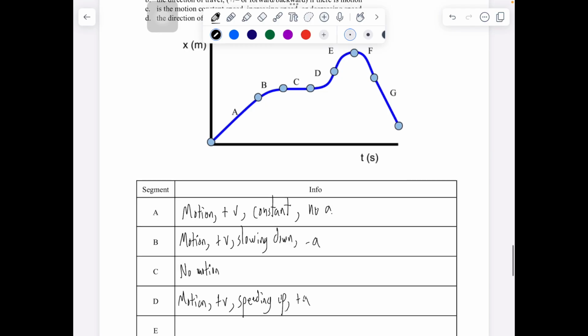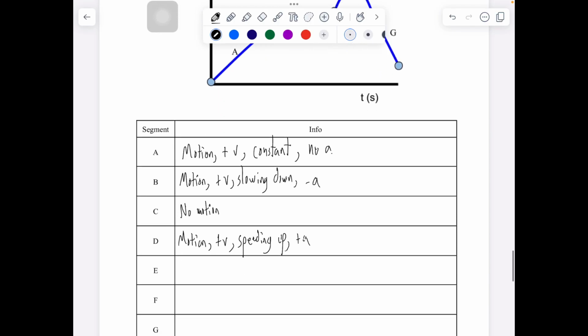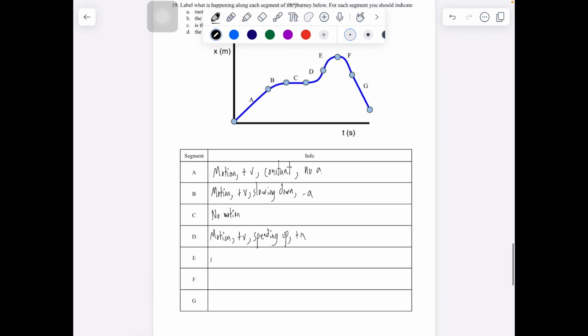Okay. E. Here, we are moving. There is motion. We are still moving forward because we have a positive slope. The slope is getting less steep, so we are slowing down. And moving forward, slowing down, is a negative acceleration, just like we had in segment B. Our last two segments here, F and G. Let's start with F. There is indeed motion.